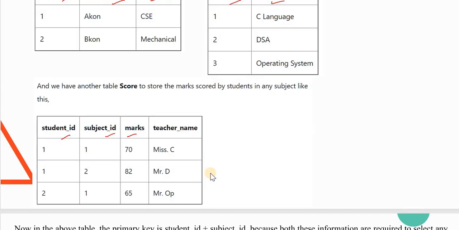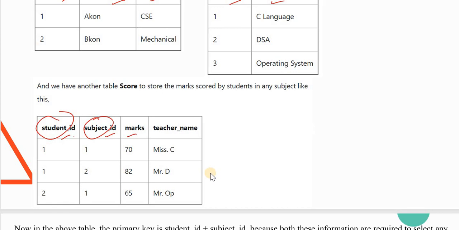If you see here in this table, the primary key is student ID and subject ID, because both of these are required to select any row or data. So student ID and subject ID together are the primary key.